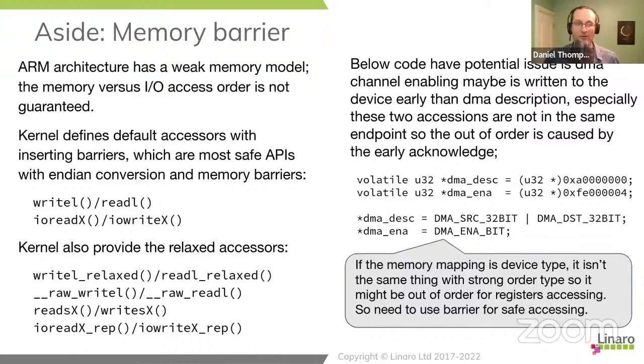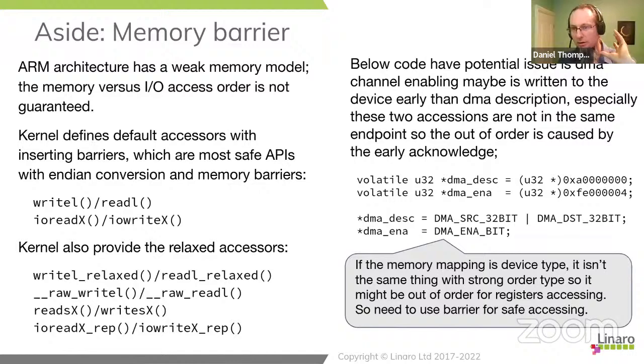Additionally, even with memory barriers, that doesn't mean that a write has happened. When you do a write and a memory barrier and then some other stuff, that prevents reordering. It doesn't mean the write will have happened by the time you've executed the memory barrier. It just means that nothing is going to move.